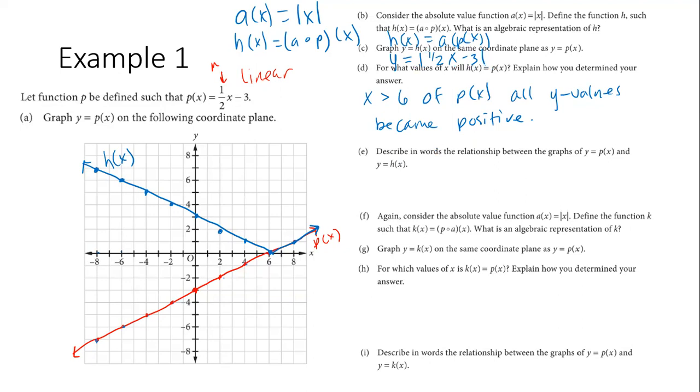Does that make sense? Good. Describing here what took place: all y values were changed, and then graphically, our whole graph is now above the x-axis. So h of x is above the x-axis. Why is it above the x-axis? Because all y values are positive.